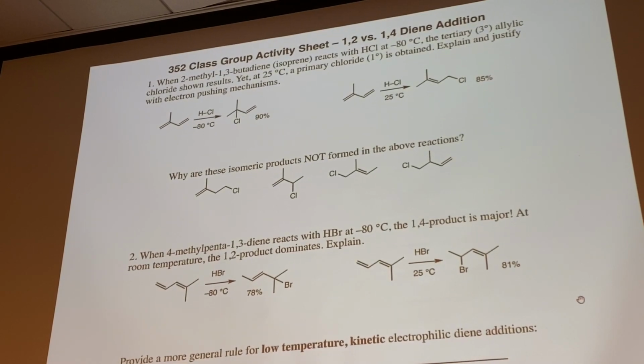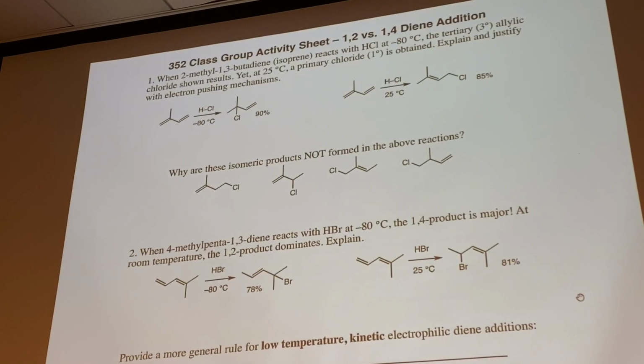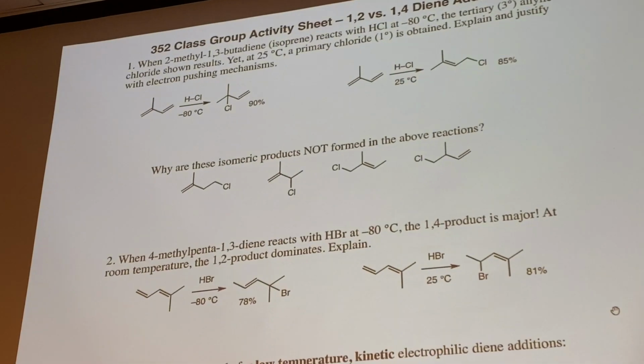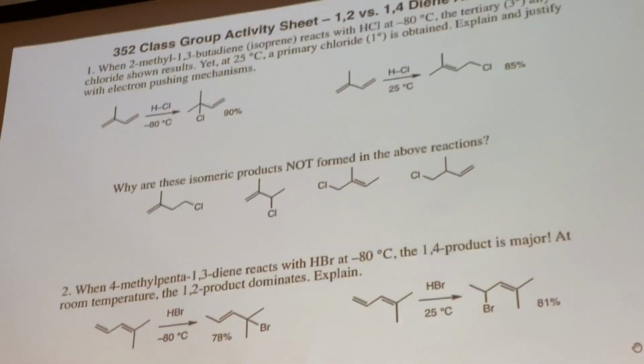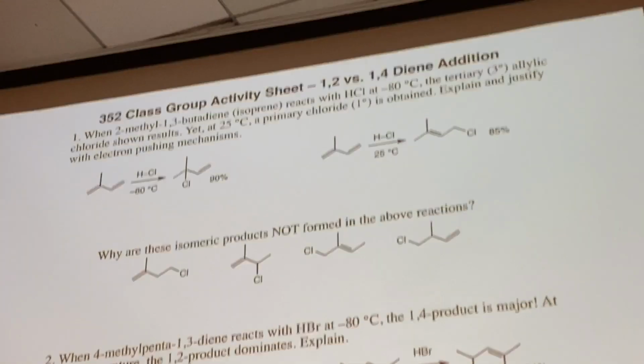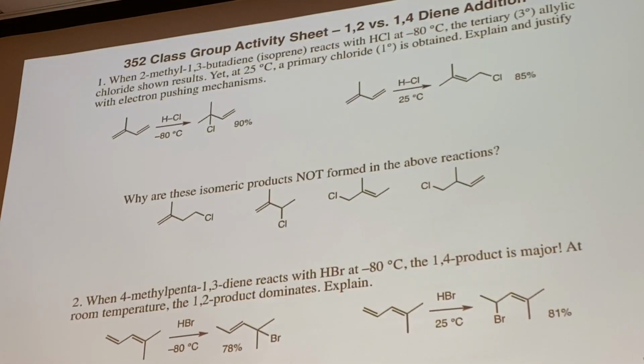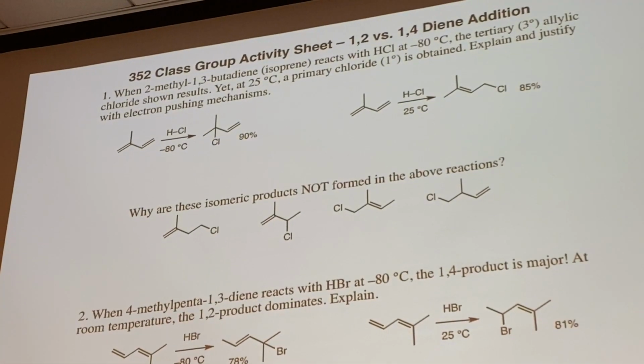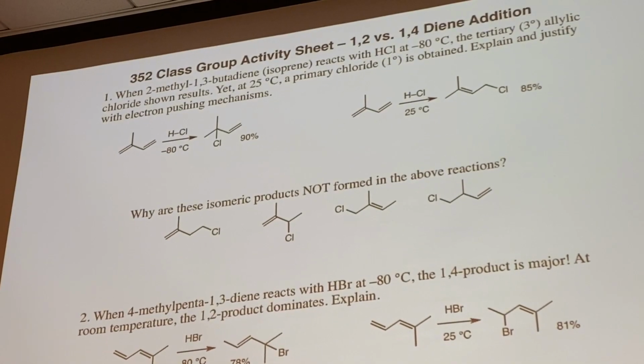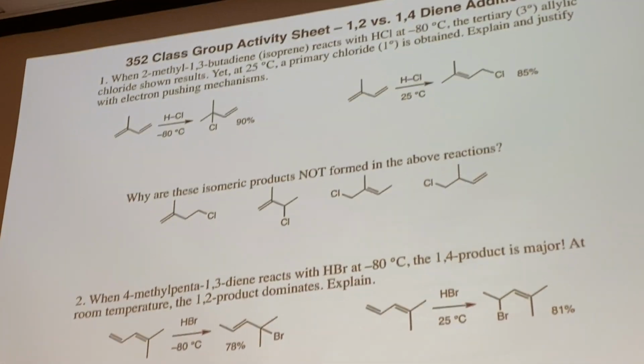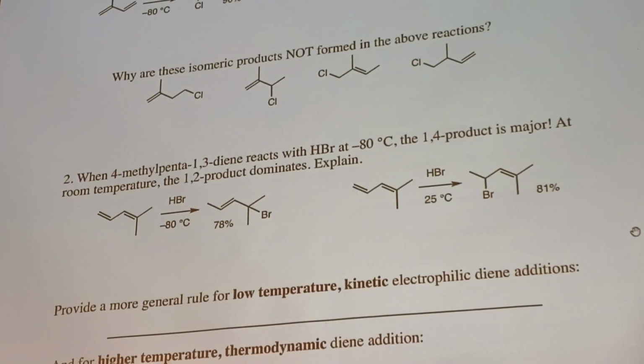Look at that tertiary allyl chloride, 90%, whereas at higher temperature, it's the tri-substituted alkene product. And you might want to rationalize this next part here. Why are these other products not formed? Go through that.